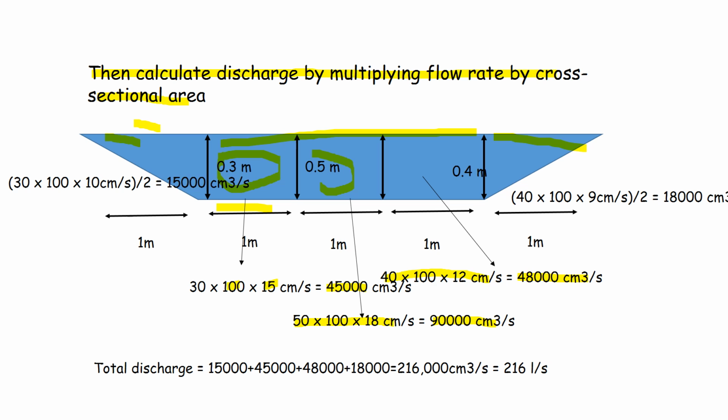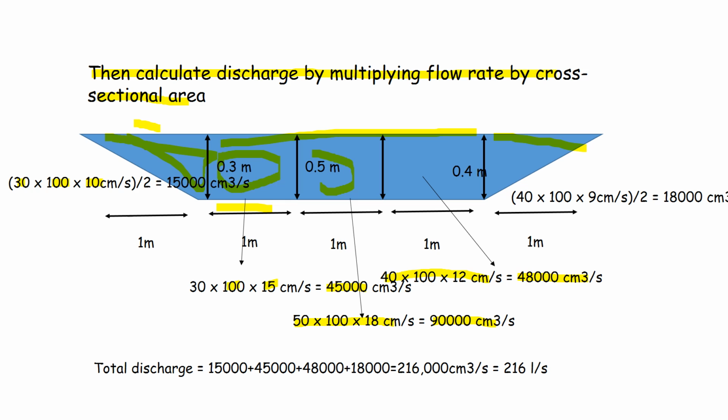Our edges, we're going to assume that they are a roughly triangular shape and about half the cross-sectional area of a rectangle. So the first is 30 centimeters deep times 100 and a flow rate of 10 centimeters.